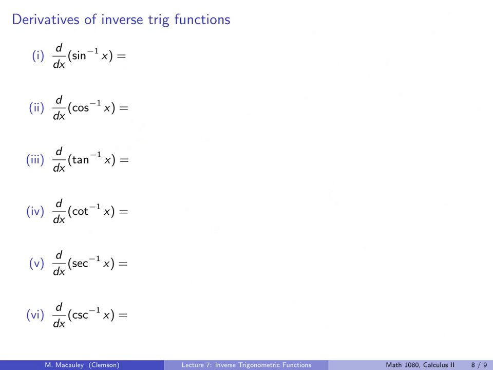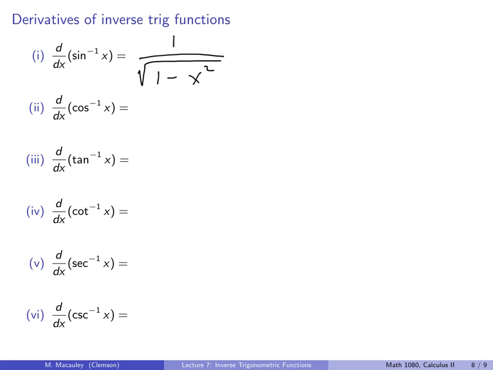So the derivative of inverse sine is 1 over the square root of 1 minus x squared. And then the domain of this, you don't have to memorize. If you've memorized the function, then you can look and say, when is this thing defined?